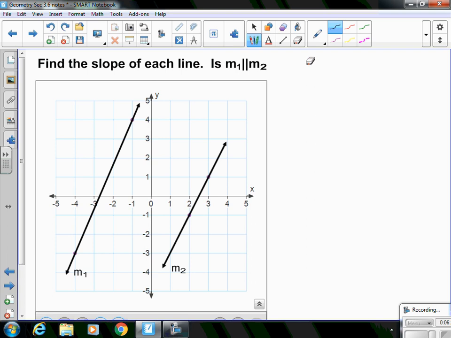All right, so let's identify the points that are on here, which are (-1, 4), (-4, -3), (2, -1), and (3, 1).